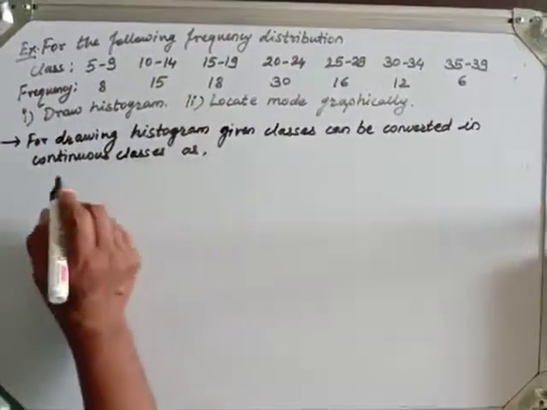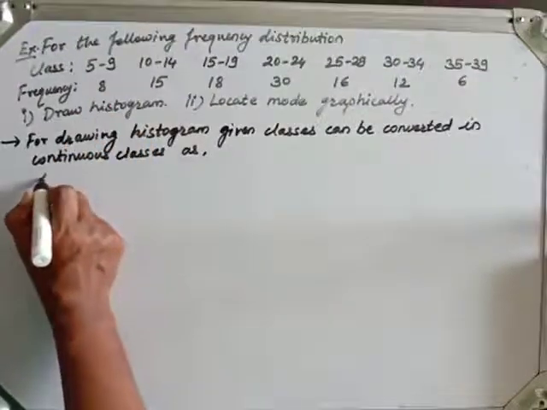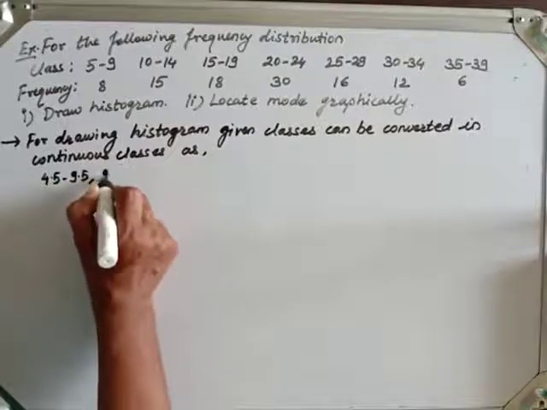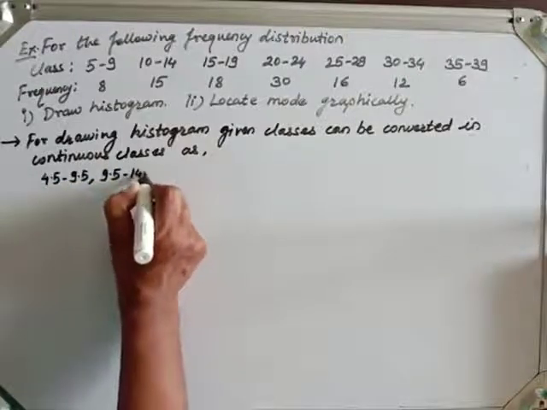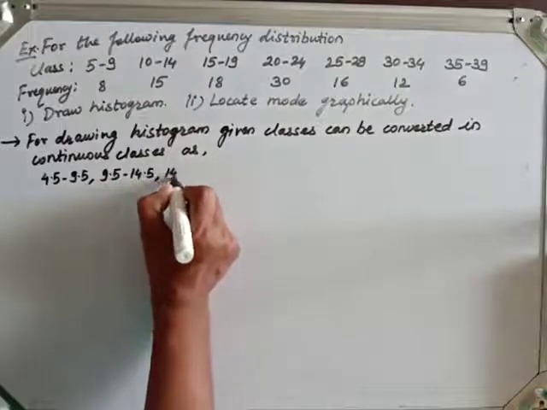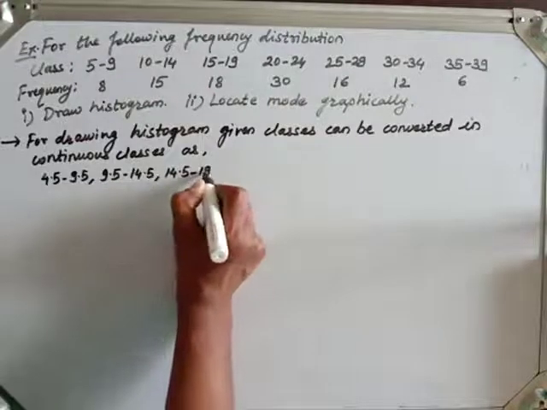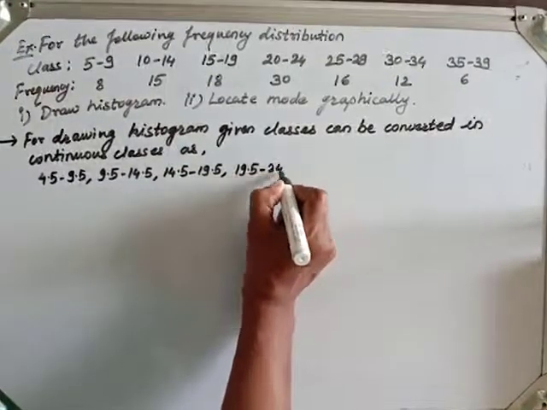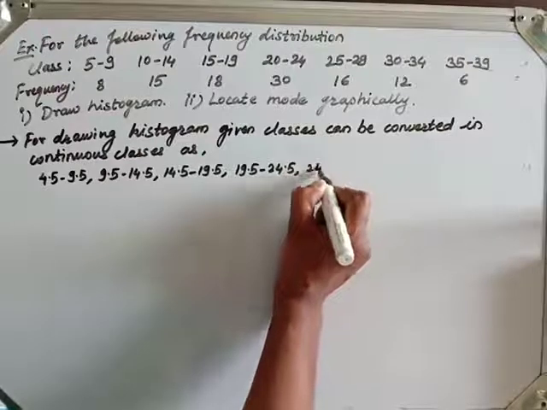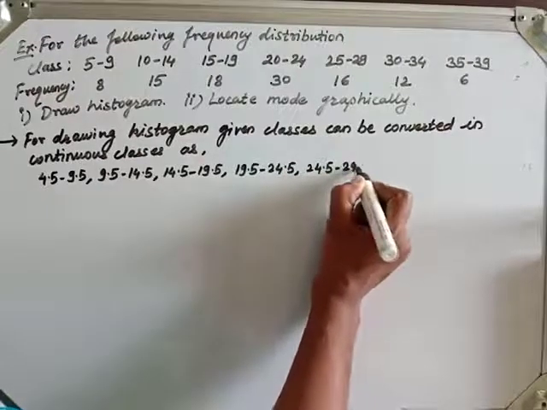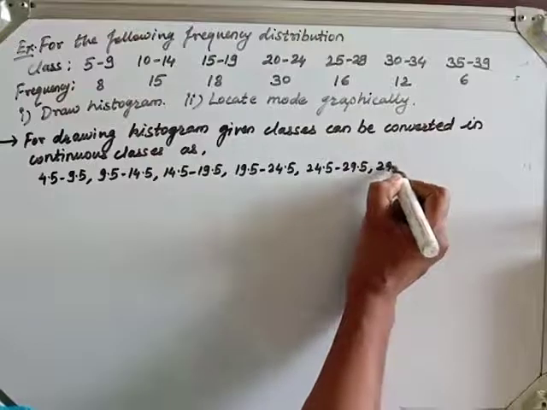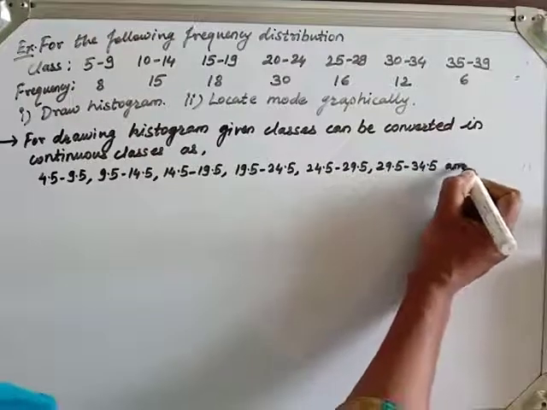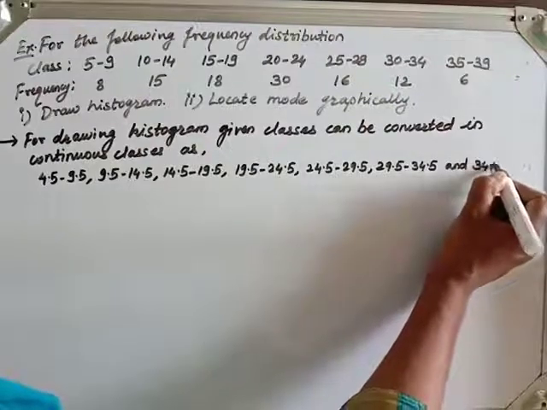Let me write the continuous classes: 4.5 to 9.5, 9.5 to 14.5, 14.5 to 19.5, 19.5 to 24.5, 24.5 to 29.5, 29.5 to 34.5, and 34.5 to 39.5.